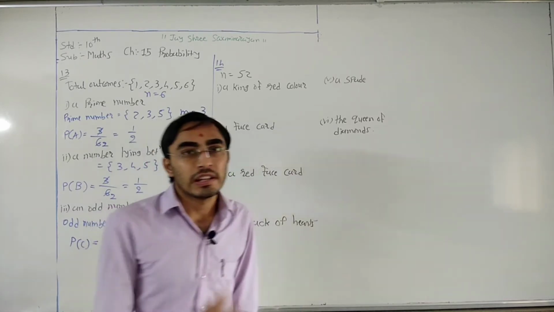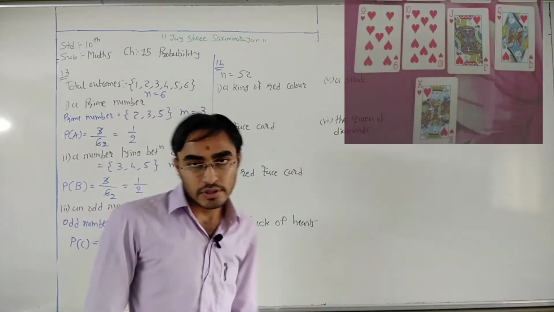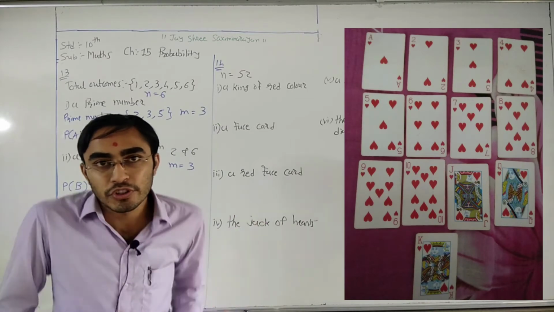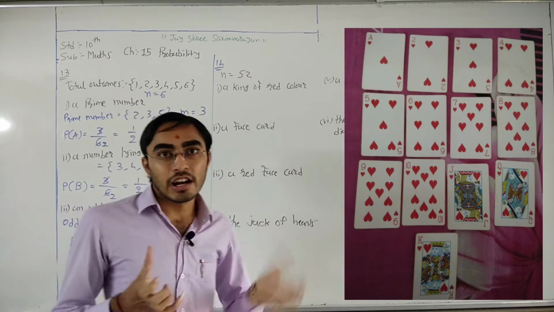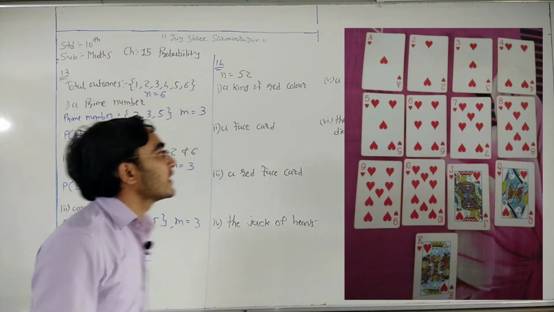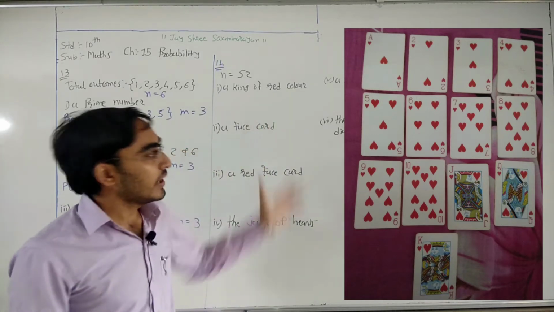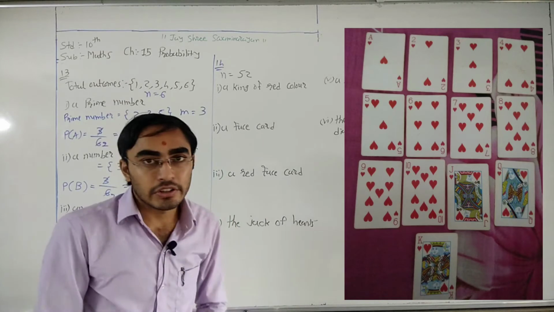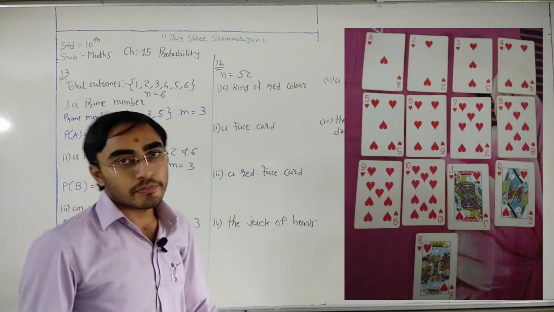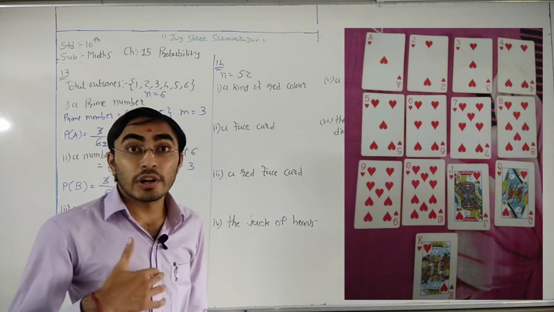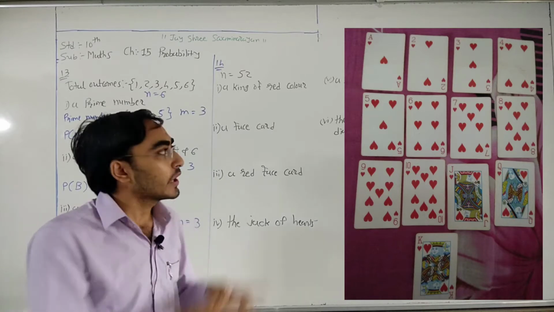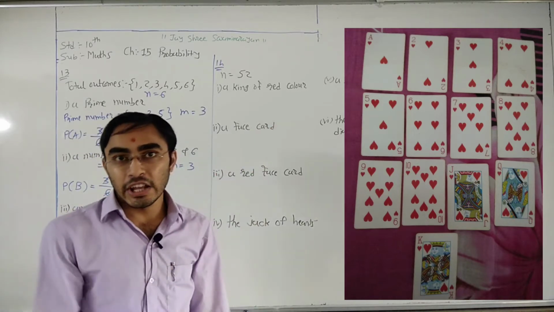So first of all, let's start with the heart. Heart, that you know the shape, right? So it is similar to a heart and red color heart, right? That's why it is called heart. So you can see here total 13 cards are there. The first one is A, it is called Ace.